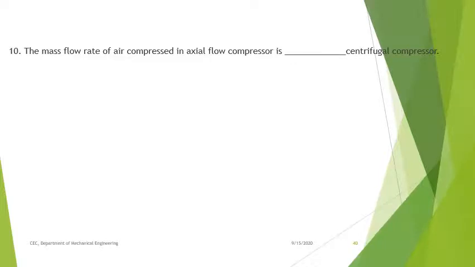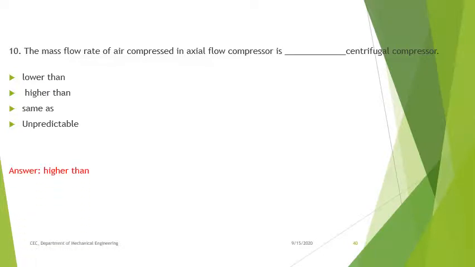Next, the mass flow rate of air compressed in axial flow compressor is dash centrifugal compressor. It is lower than the centrifugal compressor, higher than the centrifugal compressor, same as that of centrifugal compressor, or unpredictable.